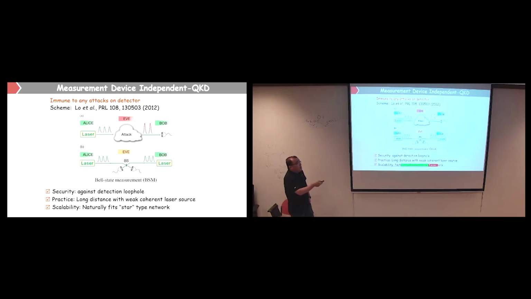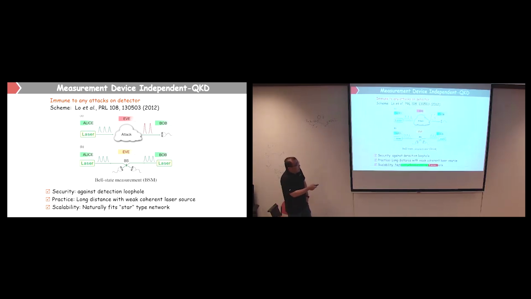So there are many kinds of attack methods. The solution was proposed by Hoi-Kwong Lo in 2012. Alice and Bob don't receive any quantum signal. They just send quantum signals to a measurement station, where a Bell state measurement is done. It's like a reverse of the usual setup.